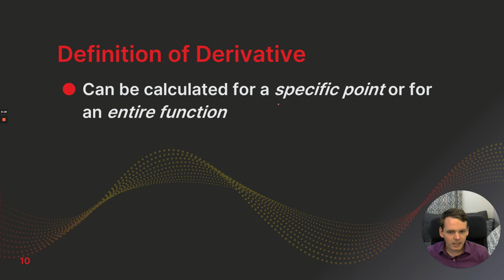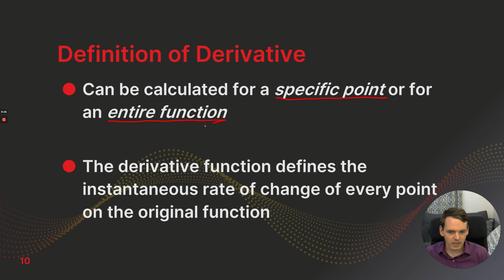So this is where I want to highlight what I said earlier. You can calculate a derivative for either a specific point or for an entire function. That looks like saying either the derivative of f of x is whatever it is, or the derivative of f of x at x equals whatever is whatever it is.